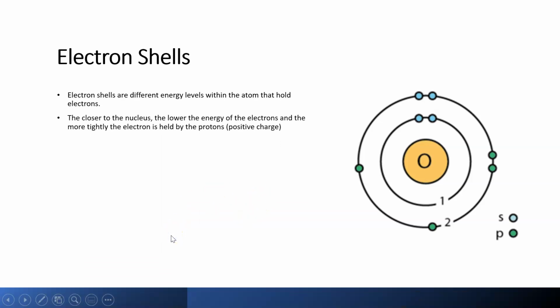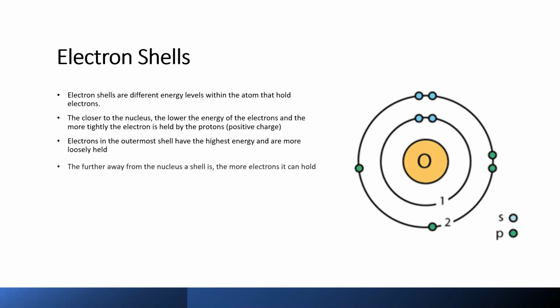So the closer to the nucleus that the electrons are, the lower the energy that they have, and they then hold very, very tightly to the protons. The further away they are, the further shell they are out, the easier they are to lose as such. Okay, so electrons in the outermost shell, they have the highest energy and are very, very loosely held to the nucleus.